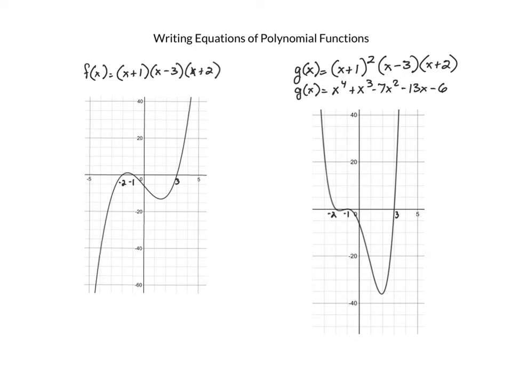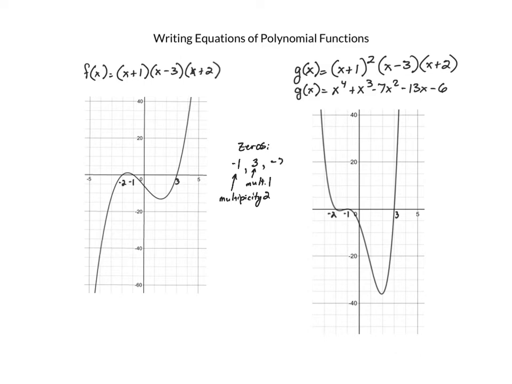So for the polynomial on the right, our zeros are -1, and we would say its multiplicity is 2. We have a 0 that is 3. It has a multiplicity of 1. The multiplicity is equal to the exponent on the factor that the 0 came from.